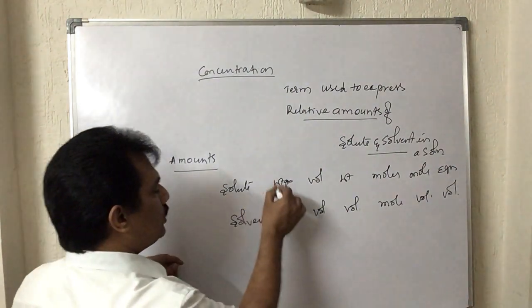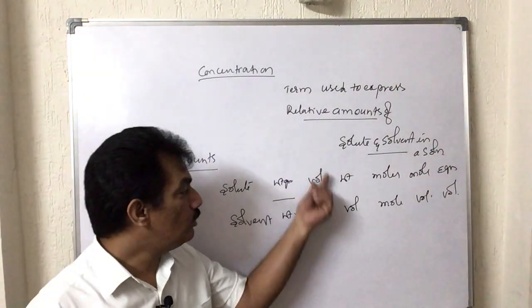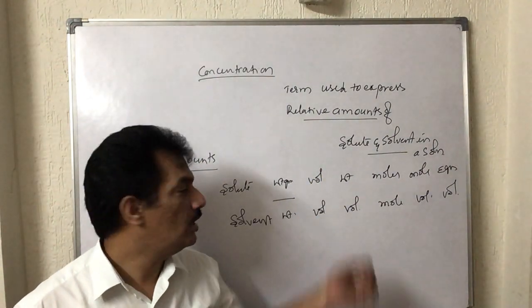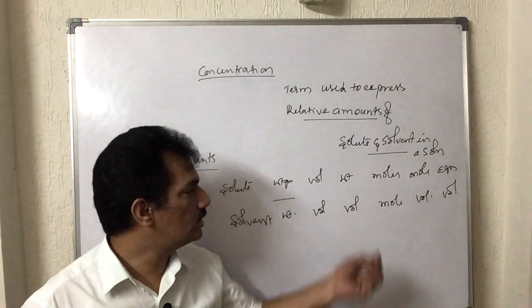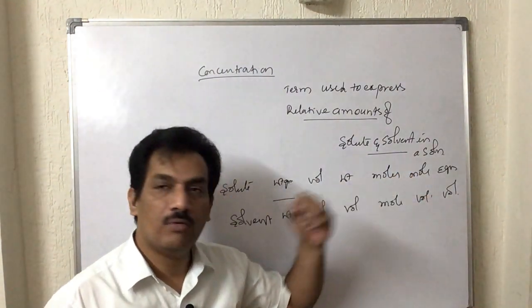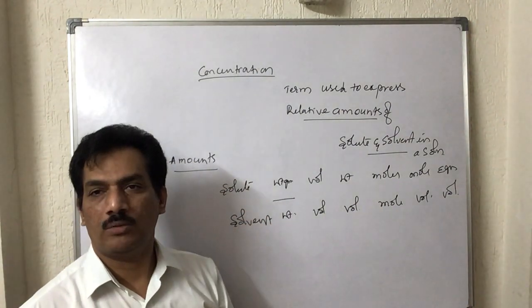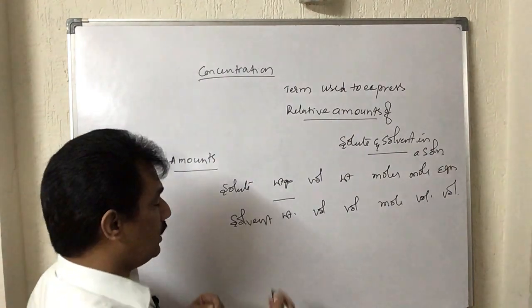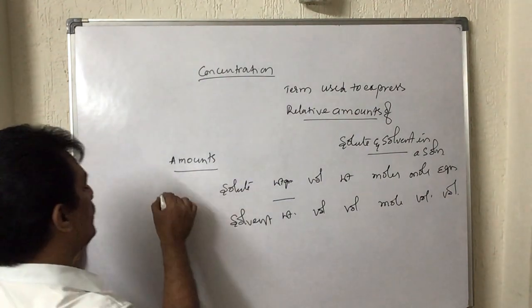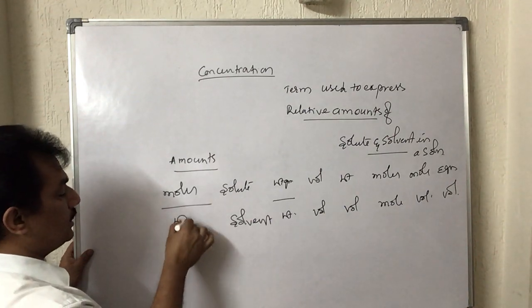When both are considered as weight and weight, that is one concentration term; volume and volume, another; weight and volume, another; moles relation, another; moles and volume, one more; equivalent weights and volume, another. And one more is where the solute is considered in moles and the solvent in weight.